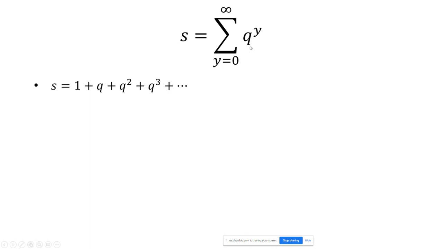When y is 0, we have q to the 0, so that's 1. When y is 1, we have q to the 1. Then when y is 2, q squared, plus dot, dot, dot. Any ideas about what our next step should be? To try to figure out what s equals.